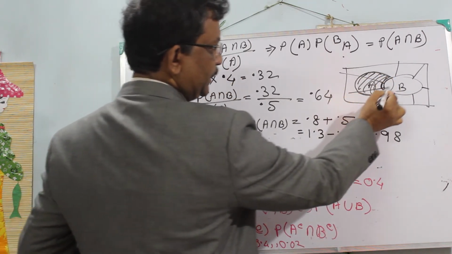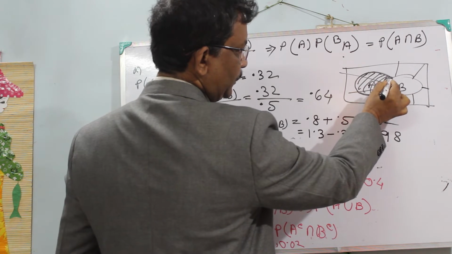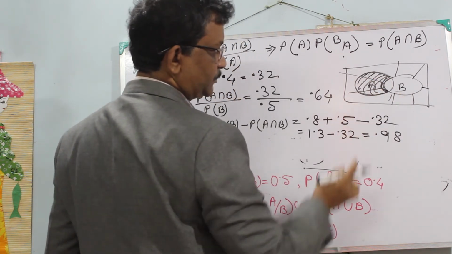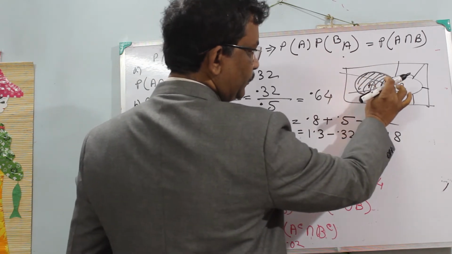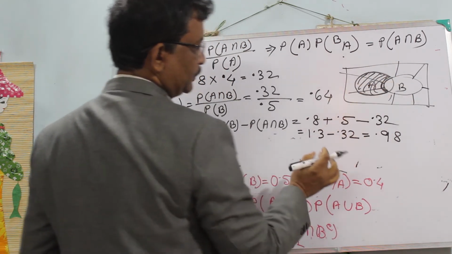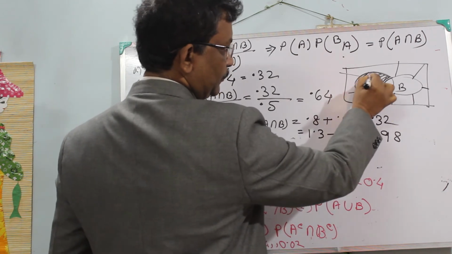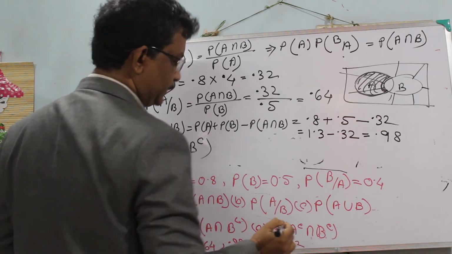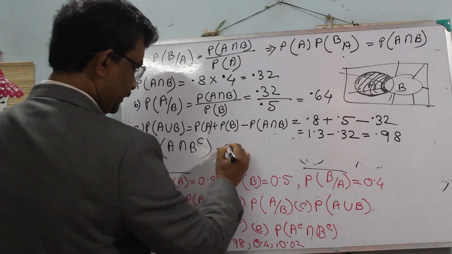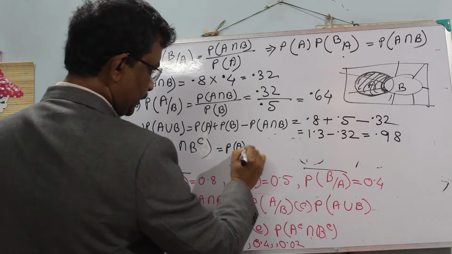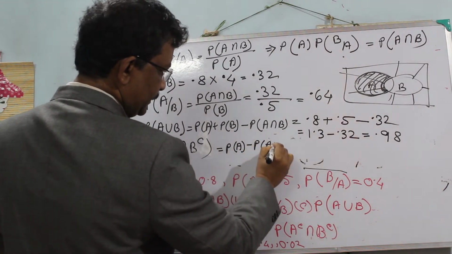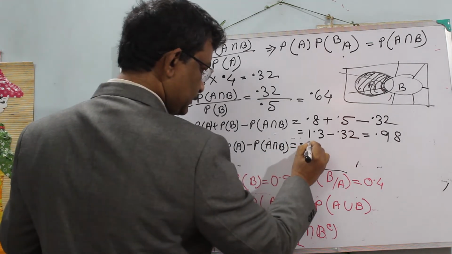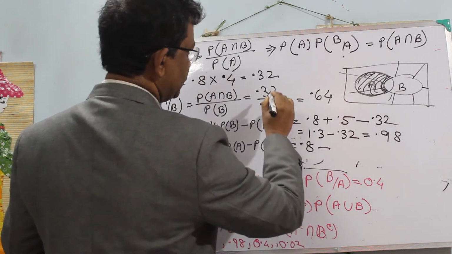So you can easily calculate it from probability of A minus probability of A intersection B. Total probability of A minus probability of A intersection B. So you will get this area. So this equal to probability of A minus probability of A intersection B. So probability of A is 0.8 minus intersection B 0.32.